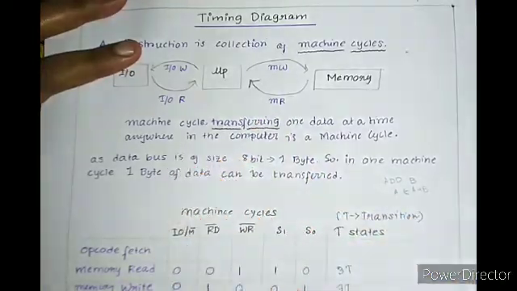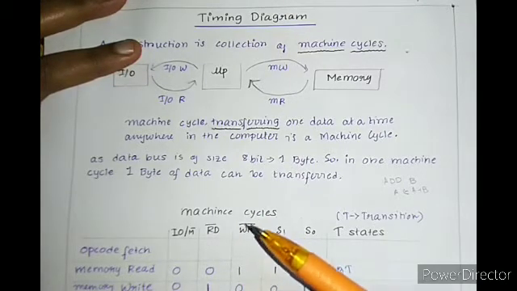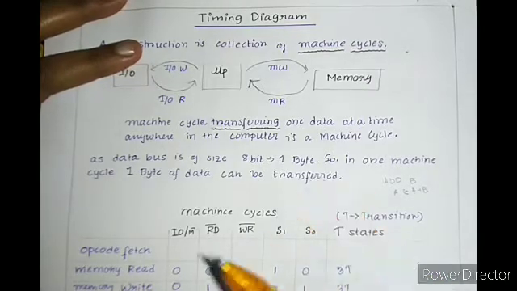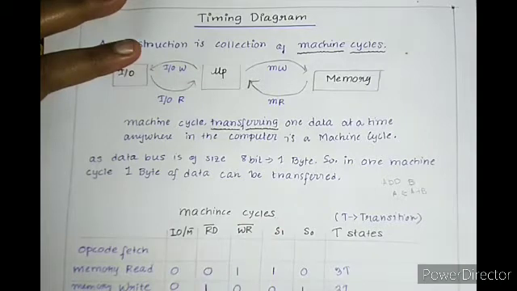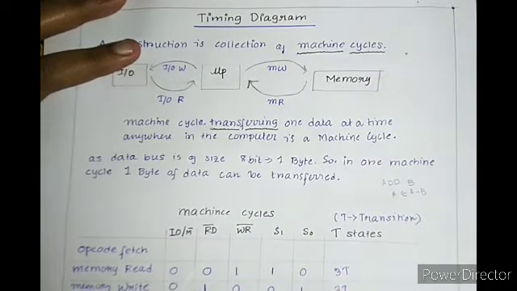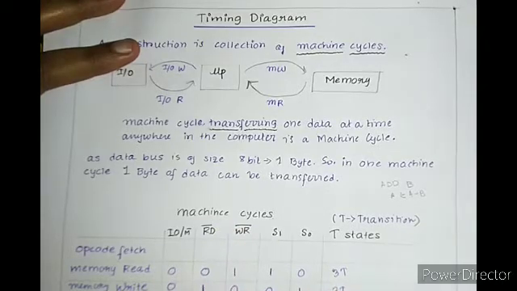Our task in timing diagrams is that we will be given an instruction and we need to specify what machine cycles are required to execute this instruction, and then we need to draw the timing diagrams of those machine cycles. Now, what is a machine cycle?